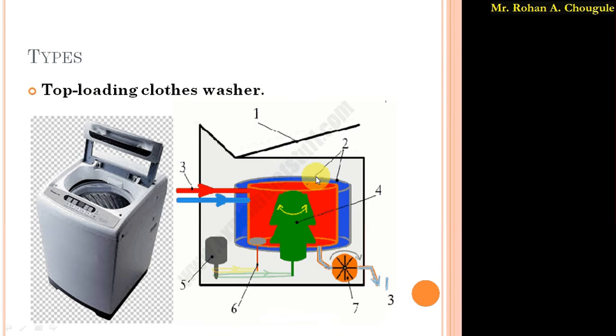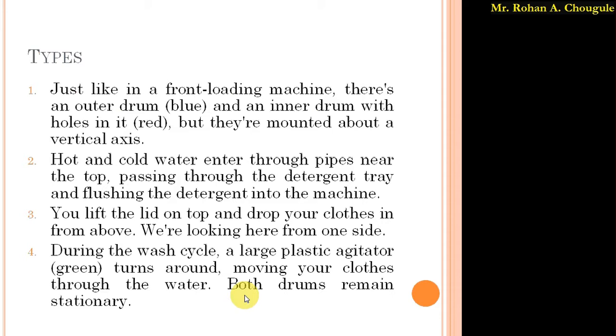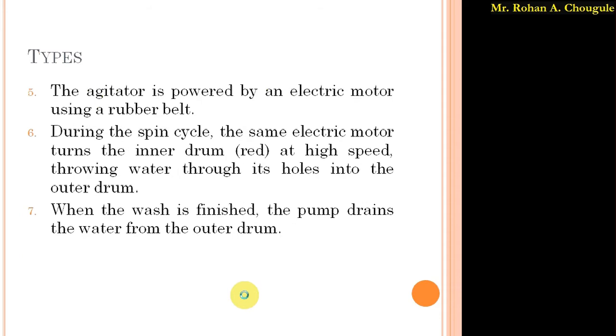While the washing process goes on, sometimes the electric motor rotates the inner drum, and due to that rotation, the water inside the inner drum is thrown out through the holes into the outer drum.